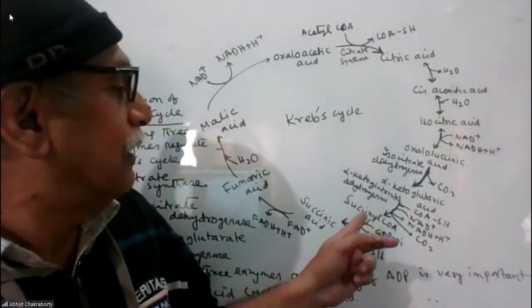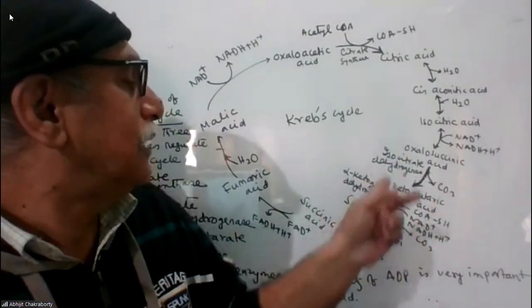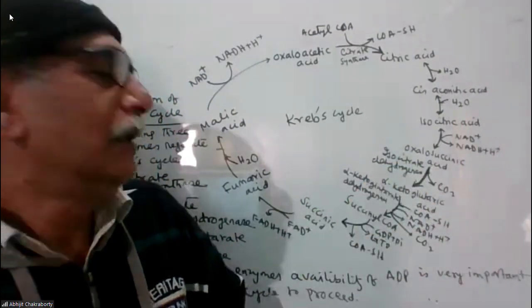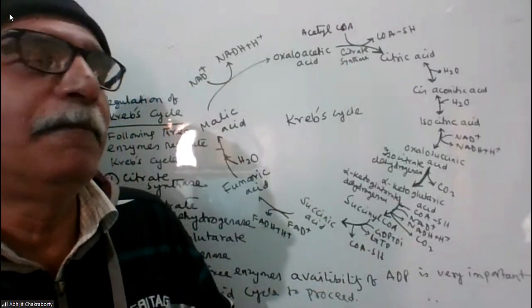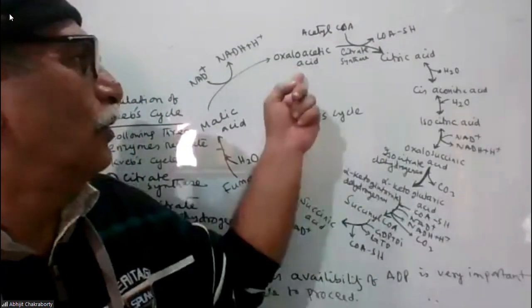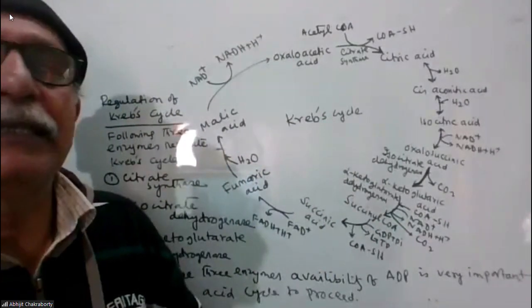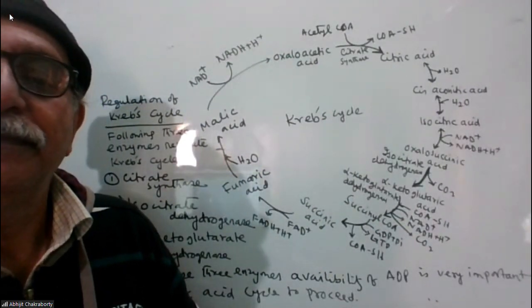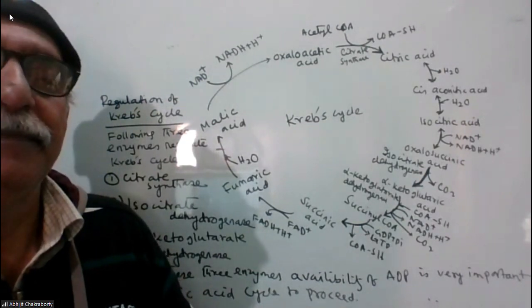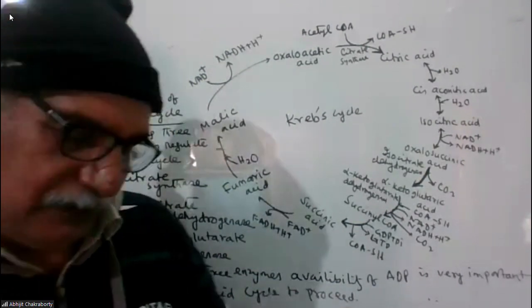Yes, sir. Then succinyl coenzyme A, another intermediate, may be utilized in the synthesis of porphyrin and heme. Oxaloacetic acid may be utilized in the synthesis of aspartic acid. Clear? Yes, sir. Okay, thank you.